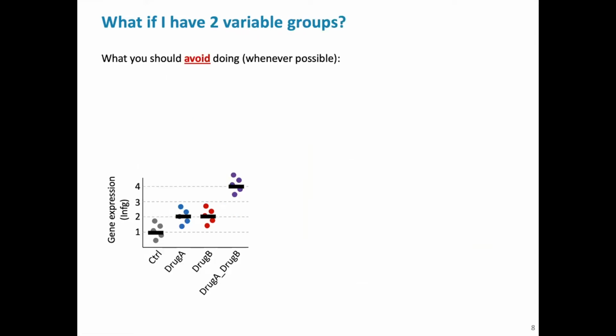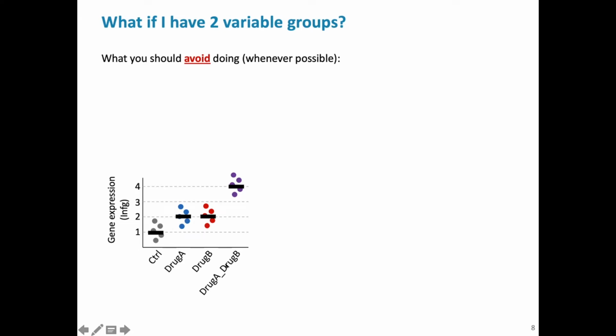But what if we have 2 variables, where we are trying to see the interaction between them? Let's say that we have drug A and B, and then another condition where you have both drugs added to your experiment, either a plate or a group of mice treated with both drugs. Here you can see that A has an effect of 1 if you just add A, and B has an effect of 1.